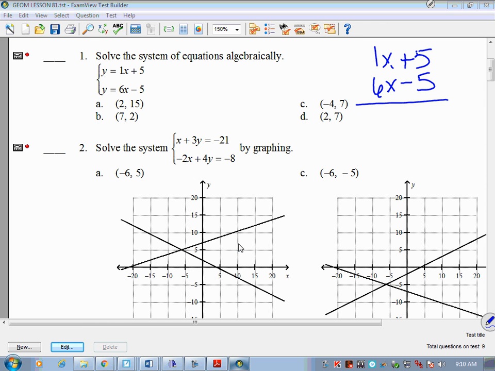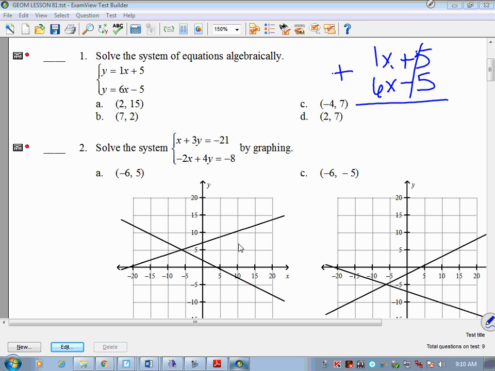Eliminate the 5 through what, addition or subtraction? Well, if I subtract, it's going to make a double subtraction. I would take 5 minus negative 5 and get 10. So what do I actually want to do there? Add. So 5 plus negative 5 cancels out, correct? That's going to cancel those out.